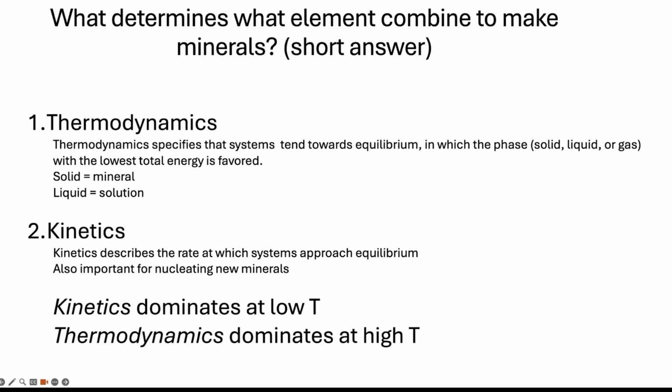For example, a granite countertop in your house is thermodynamically unstable, but the kinetics of it turning into what it should turn into, clay, is so incredibly slow that you don't have to worry about your kitchen counter turning into clay one night. But the point is that kinetics and thermodynamics are two things that determine what elements combine to make minerals.